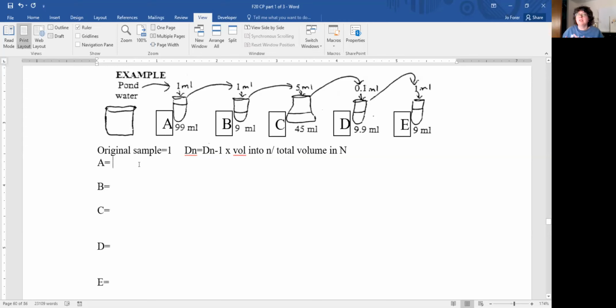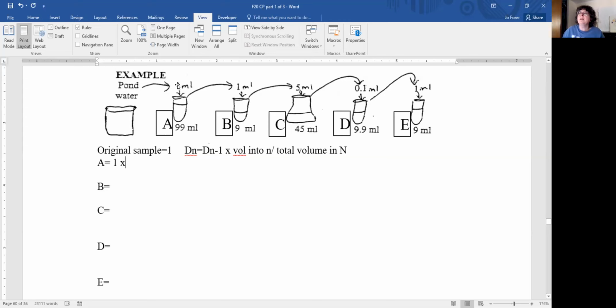So for container A, to figure out the dilution factor for container A, we have to know the dilution of the container right in front of it, which is the pond water. And we said our original stuff, whether it's pond water or something else, we always define that as having a dilution factor of 1. So that's where that first 1 comes from. We're going to then multiply that dilution of the original by how much of the original we're putting into this container.